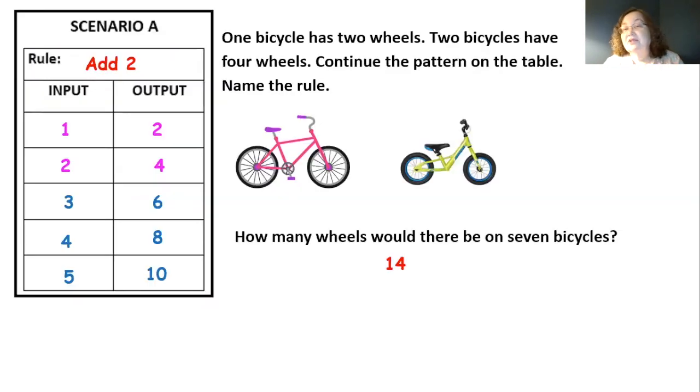So my strategy might be to count by 2s to 7: 2, 4, 6, 8, 10, 12, 14. I might have used a number line like we did yesterday. I might have actually used a multiplication sentence that would say 7 times 2 would be 14. Those are all great strategies.